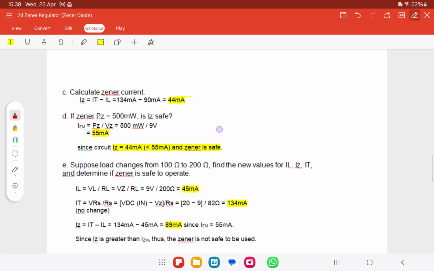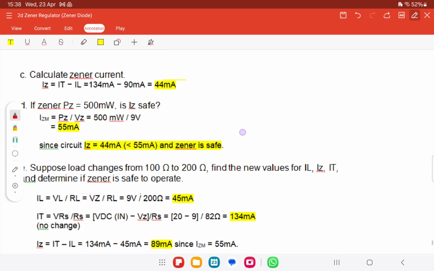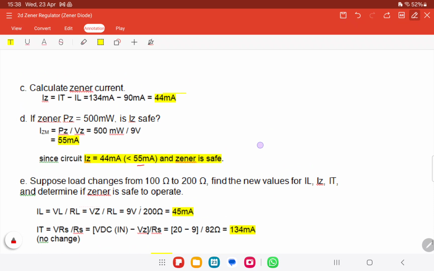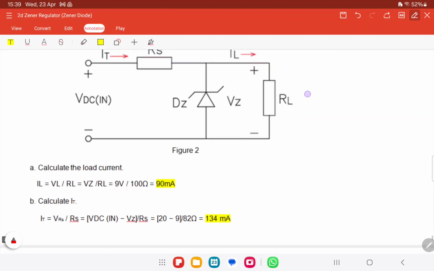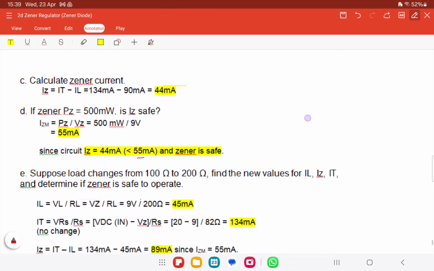Yang ni saya nak tunjuk actually. Kalau dia bagi like this, you need to conclude it is either safe or not. So kalau let's say for the current, this one 55 ni I think dia given kat dalam circuit kan. Kat mana dia bagi tahu?